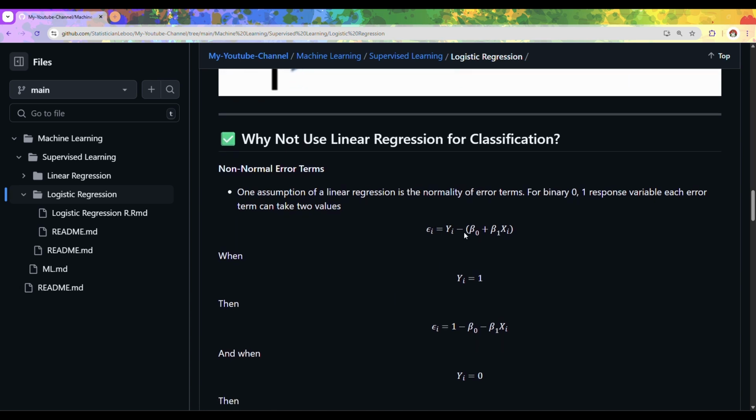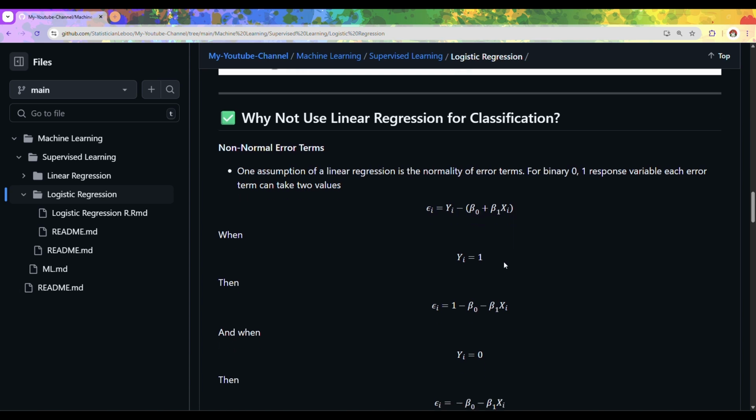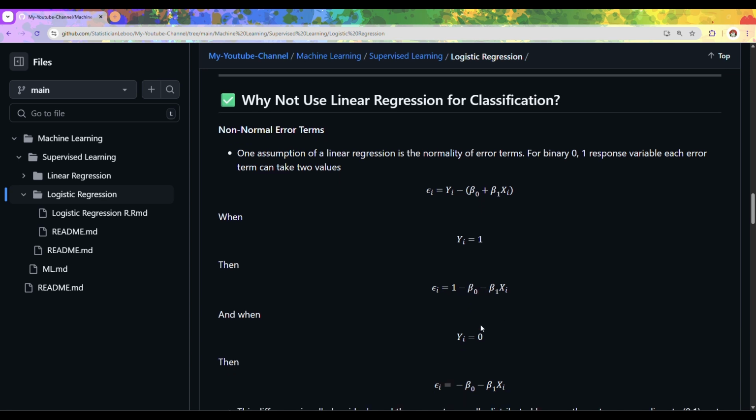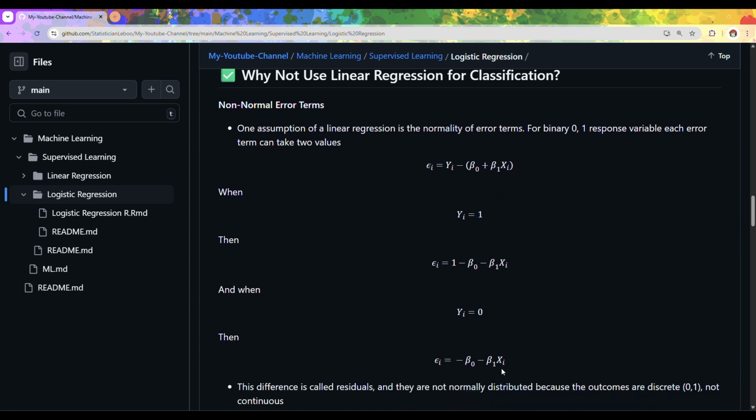If we have our equation and solve for e, taking e to the other side of the equation, we'll have yi minus the bracket beta naught plus beta 1 xi. So when y equals 1, what will happen? When we replace y by 1, we'll have the value of ei as 1 minus beta naught minus beta 1 x1. And when yi equals 0, we'll have the negative.